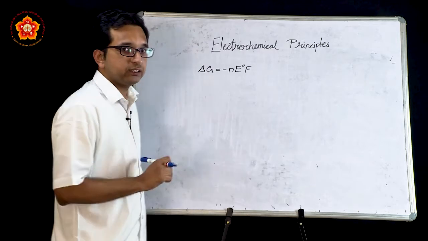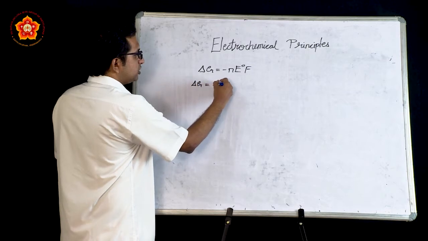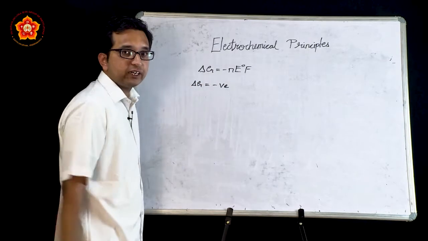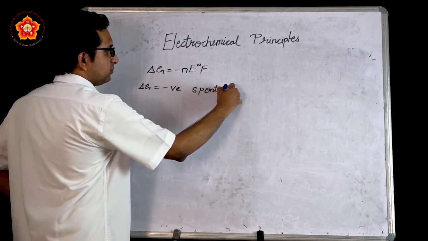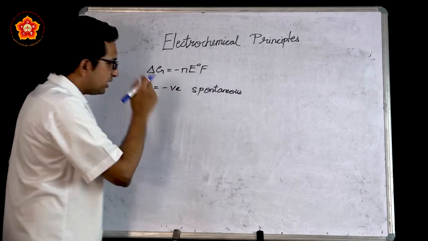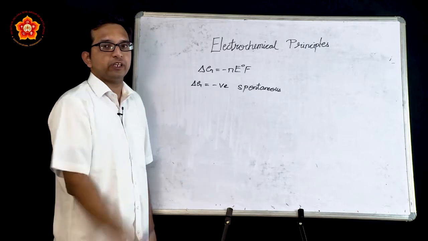Now in these cases, remember we had studied one factor yesterday, that delta G should be negative if the reactions have to be spontaneous in nature. If delta G is positive, those types of reactions will be non-spontaneous.